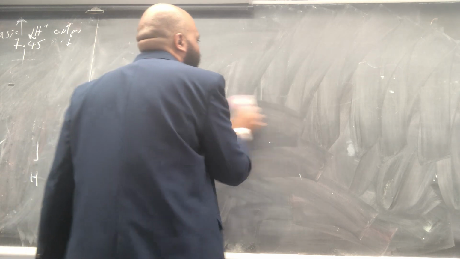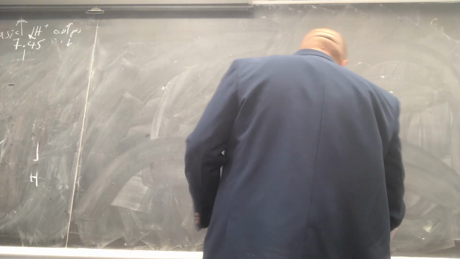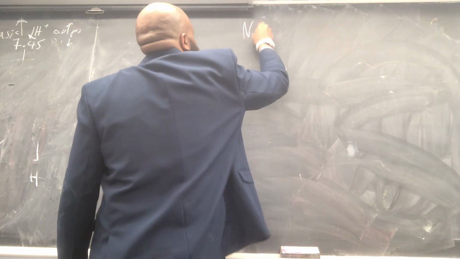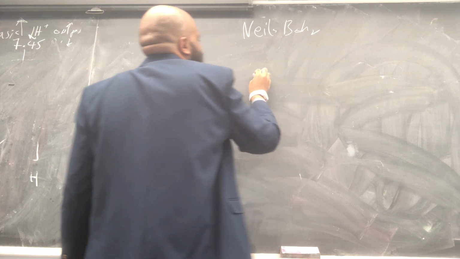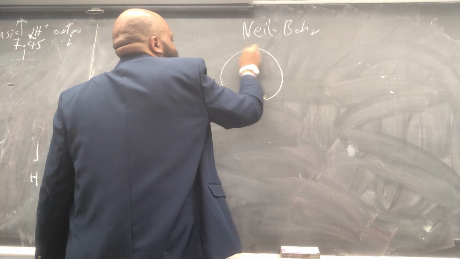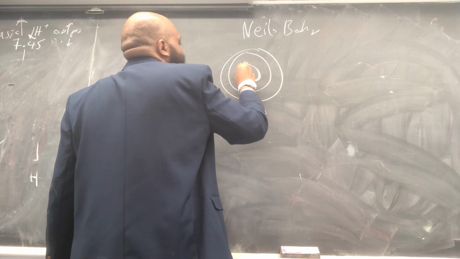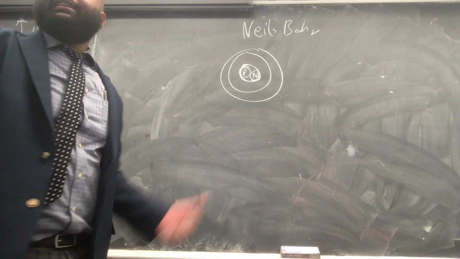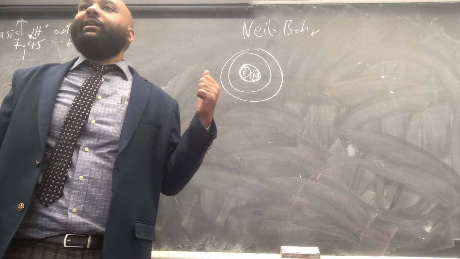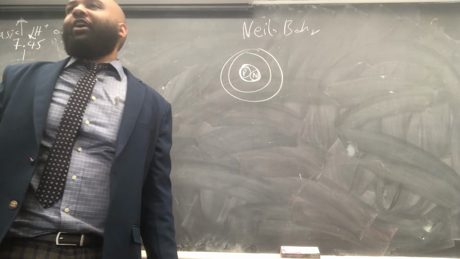The Niels Bohr model says that you have electrons spinning, and then you have a nucleus. Inside the nucleus you have P for proton, N for neutron. This is Niels Bohr, B-O-H-R, Bohr.